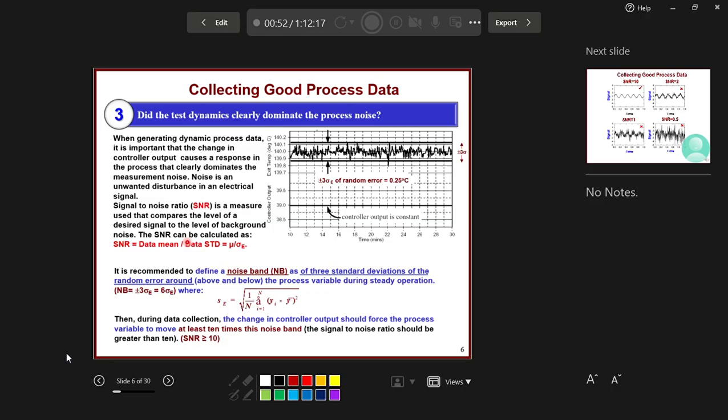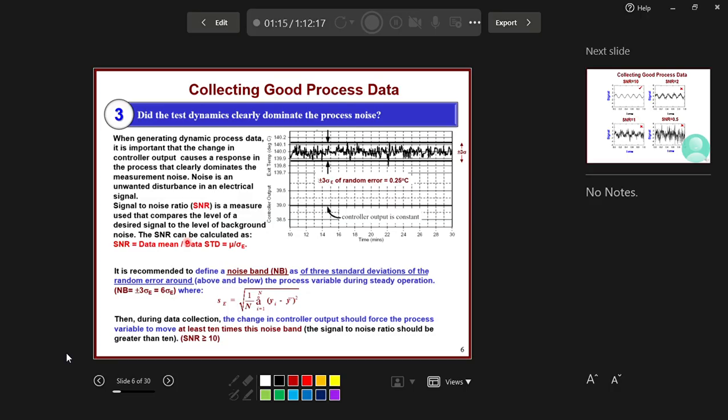So we need to consider this noise very carefully, and we need to work with it in a way that the dynamics of the process should dominate this noise. And what we mean by dominate is that the dynamics of the process should be large enough to hide the effect of the noise.